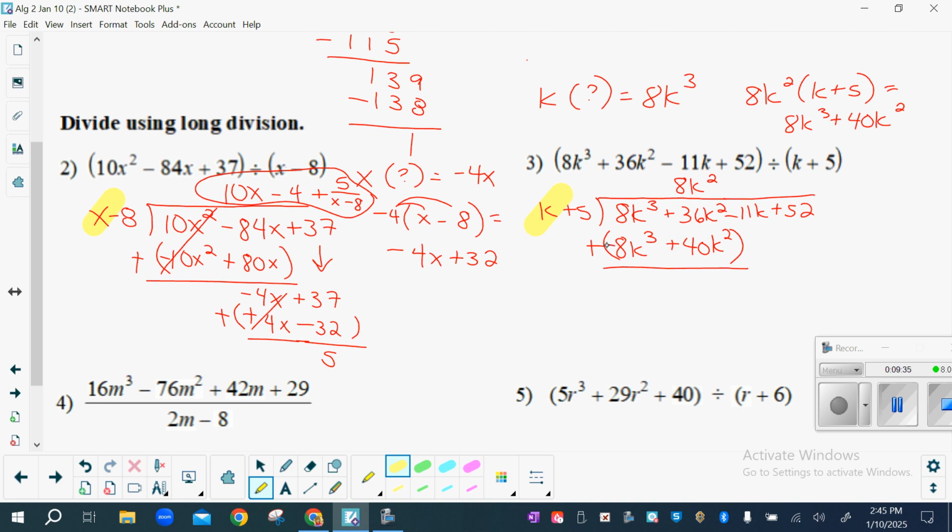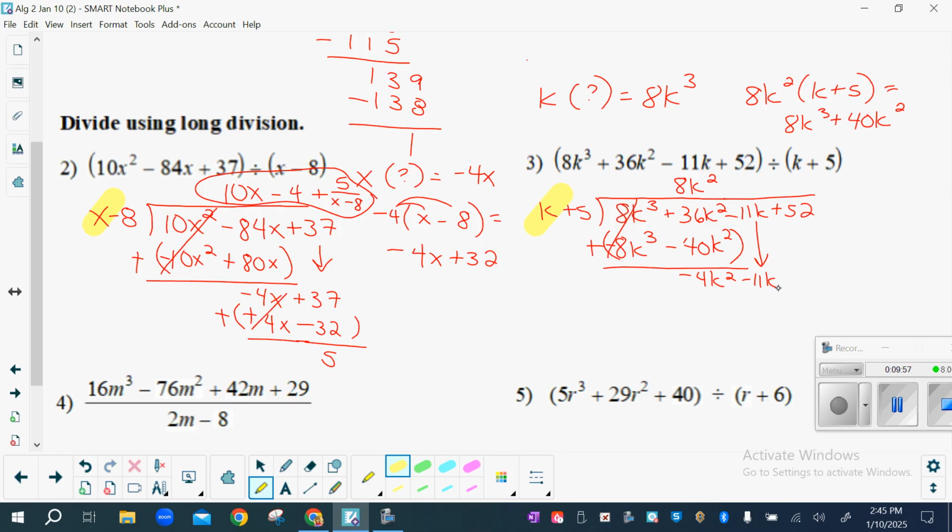So this becomes negative, this becomes minus. So what happens to these here? They cancel, and this becomes negative 4k squared. Bring down the negative 11k. And then, anybody know what the next step is?